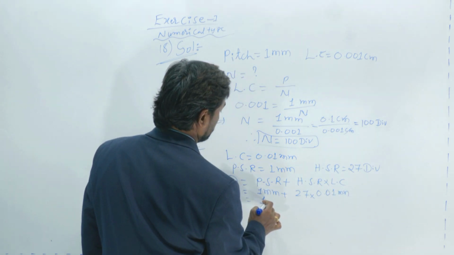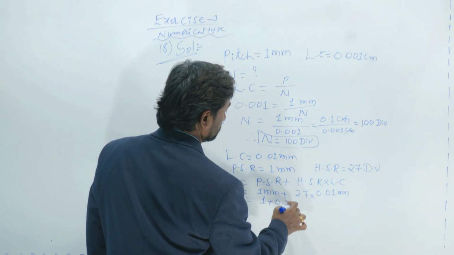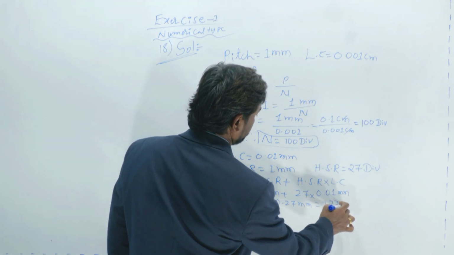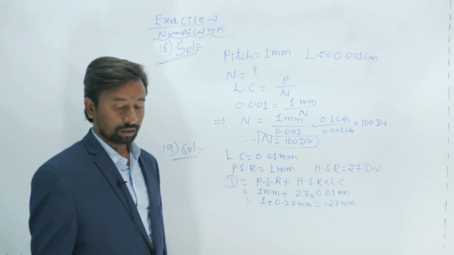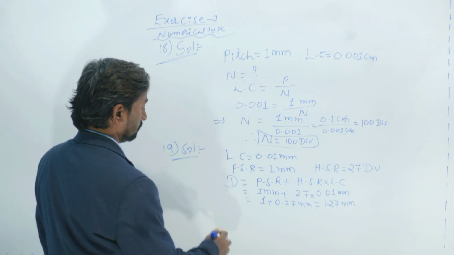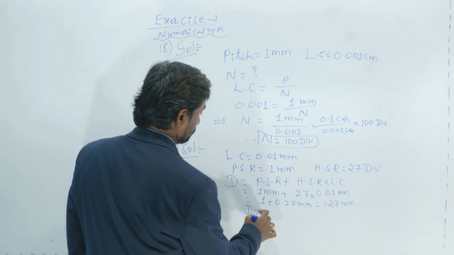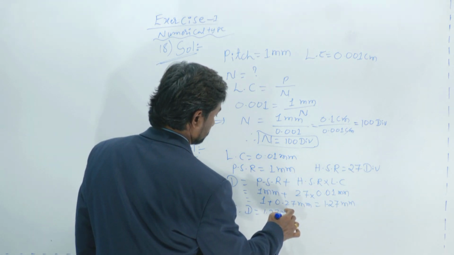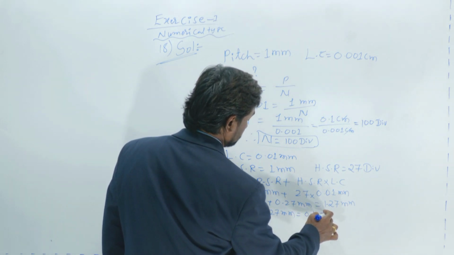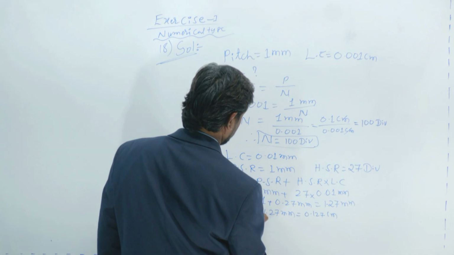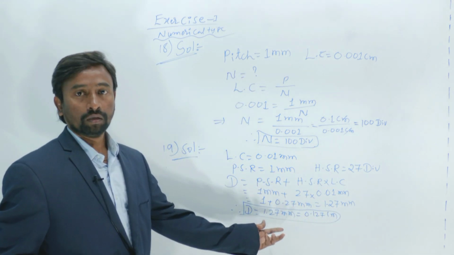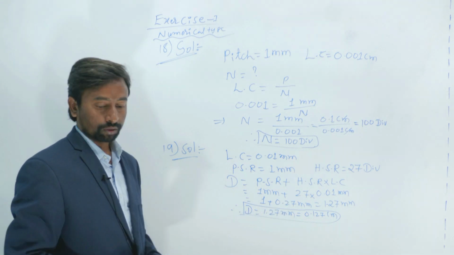So we will get 1 plus 0.27 mm, so we will get 1.27 mm. Therefore, the answer diameter is equal to 1.27 mm. In centimeters, it is 0.127 centimeters.